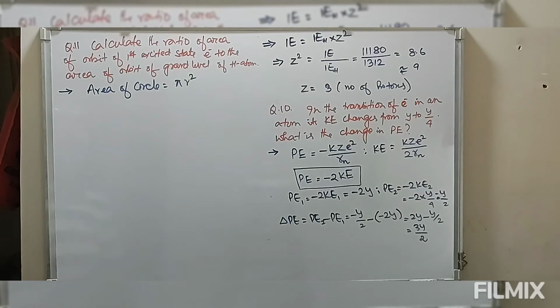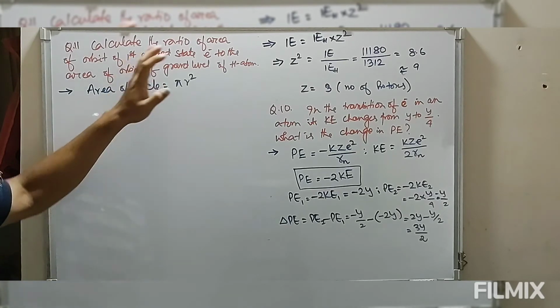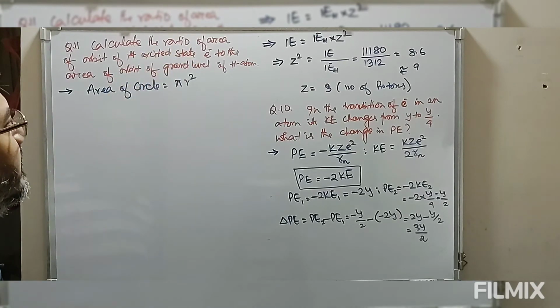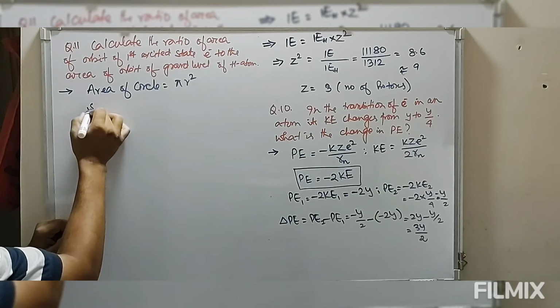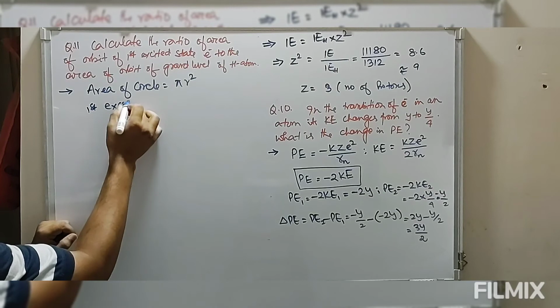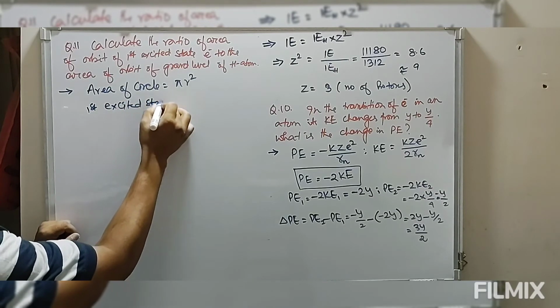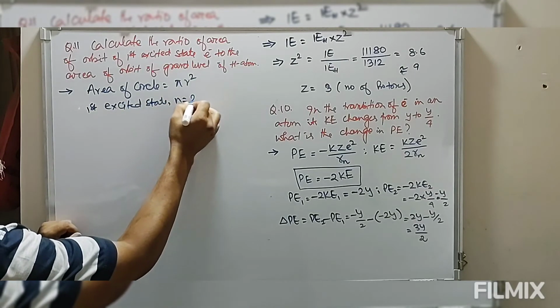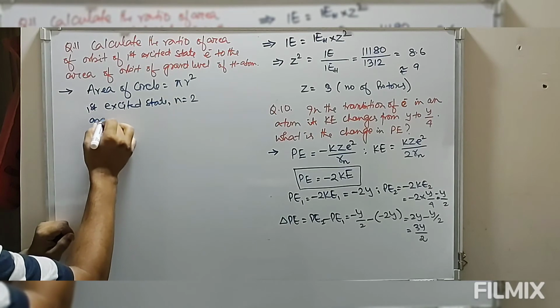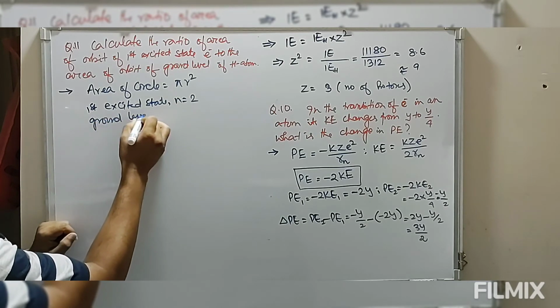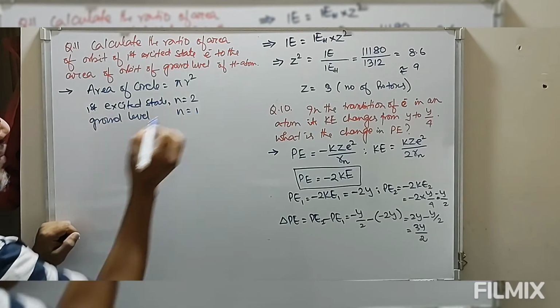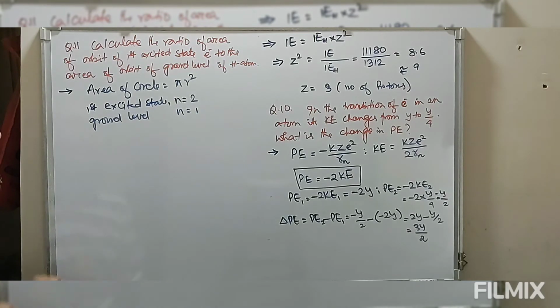We have to find the ratio of the first excited state area to that of the ground level. For the first excited state n equals 2, and for the ground level n equals 1.